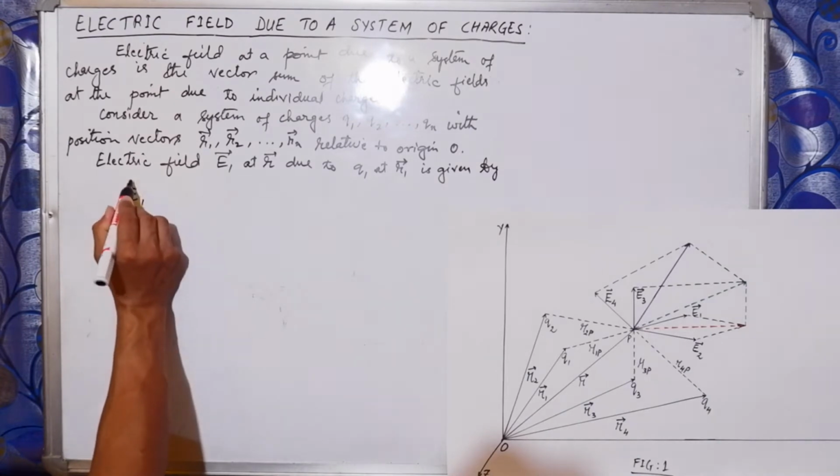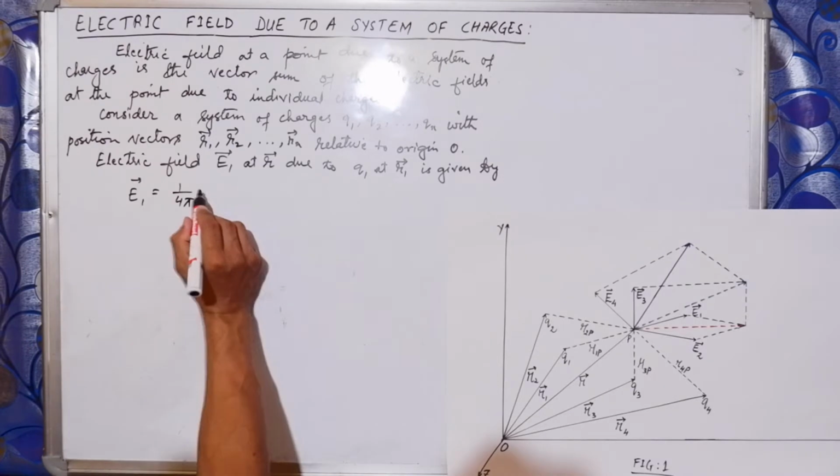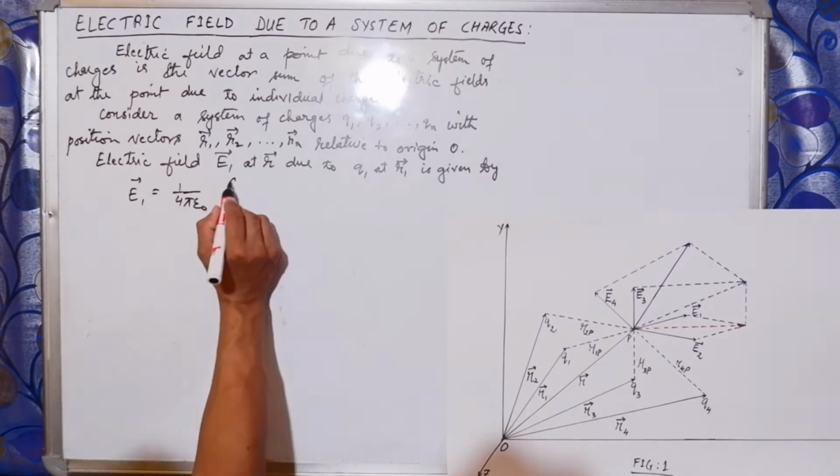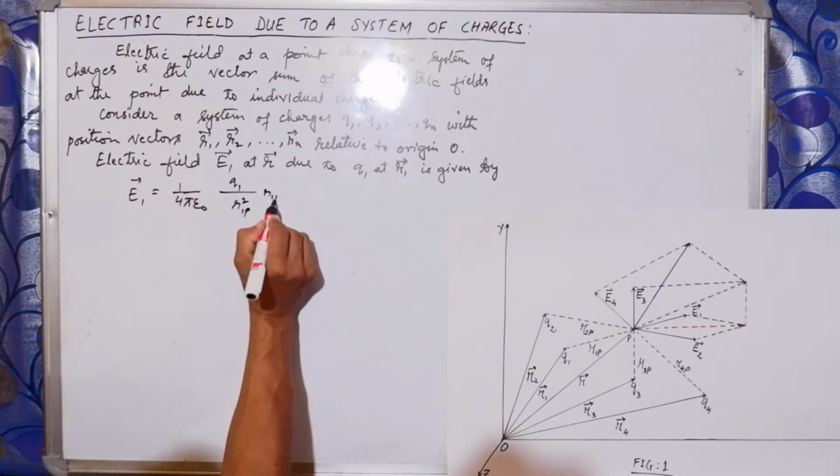E1 equals 1 by 4 pi epsilon naught, Q1 by R1P square, R1P cap.